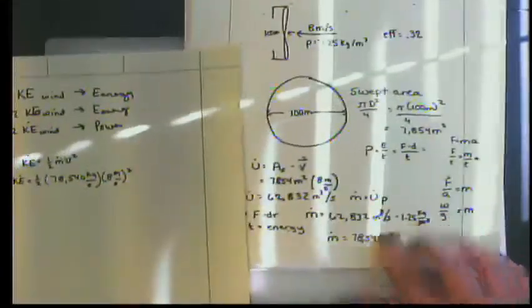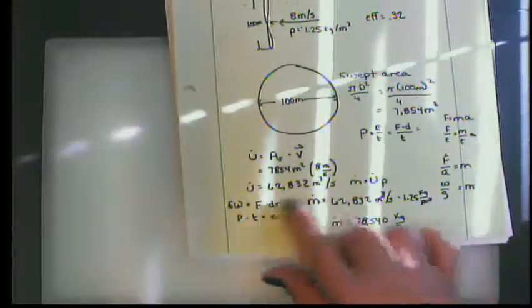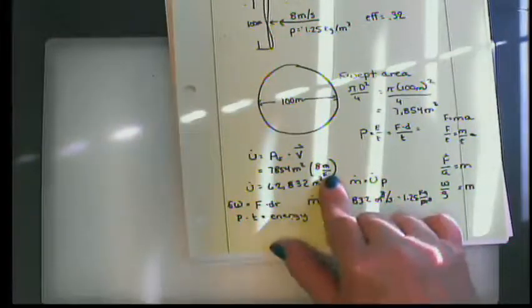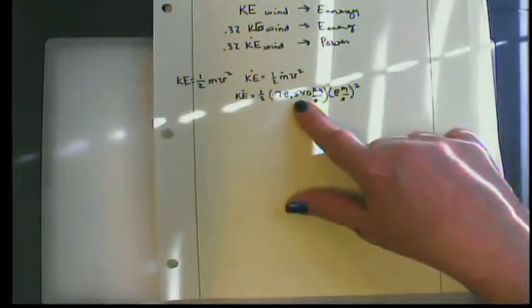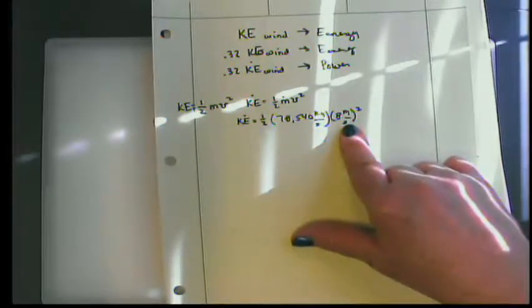What I would like to show you is that mass flow rate involves volumetric flow rate, which already involves the velocity. Okay? So if you look at this basic equation, this has a velocity in it. So we have something times velocity times the velocity squared.